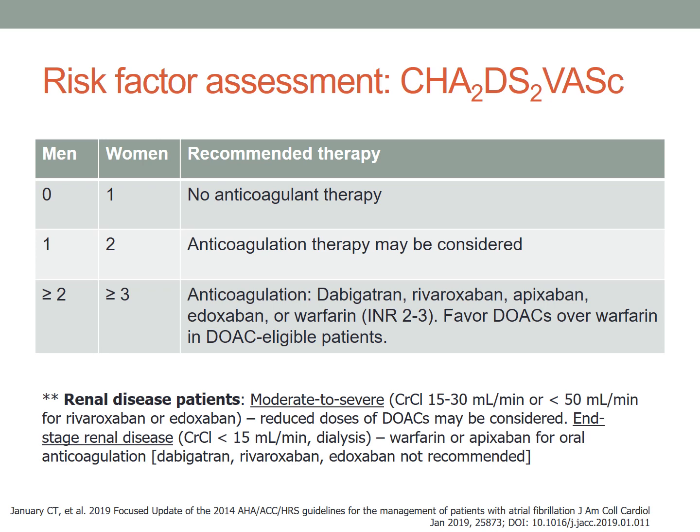So DOACs can be considered in the patients with moderate to severe renal disease at reduced doses. And then for our patients with end stage renal disease, warfarin can be considered, or apixaban can be considered for oral anticoagulation. However, dabigatran, rivaroxaban, and edoxaban are not recommended for those patients.